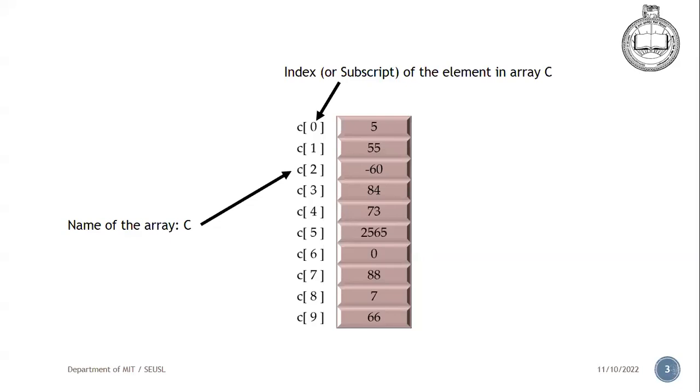Normally the index will not start from 1. They will always start from 0. So from 0, the index will go 0, 1, 2, 3, likewise, up to the number of elements we have in the array. Okay, so is this clear?